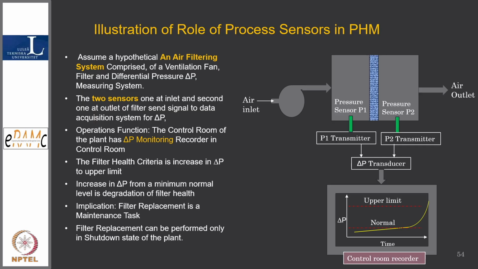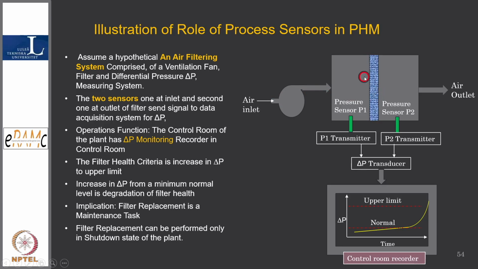I am just giving one simple example. We have one air inlet, there is a particle filtration system in a plant, and the air coming from the plant is being filtered out and put to one pressure filter.